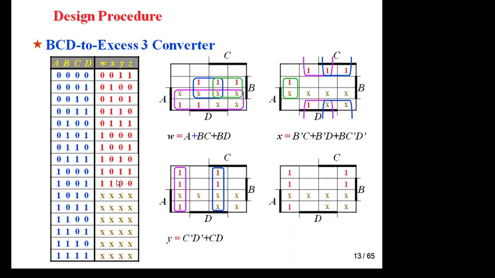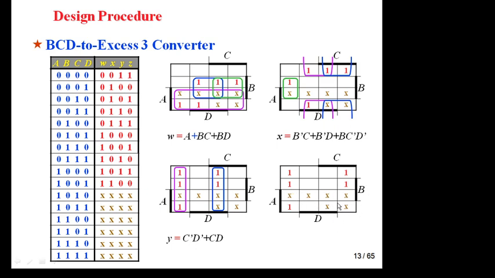Then for Z, now you know this is where output is high: 0, 2, 4, 6 and 8, and 10 to 15 are don't care.